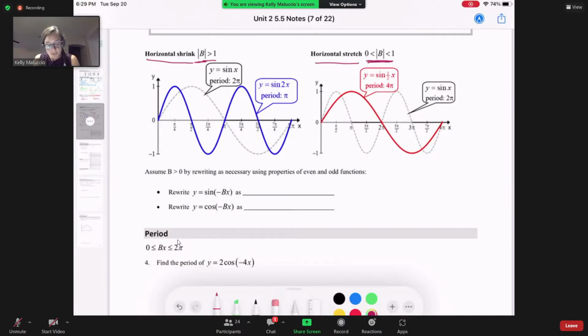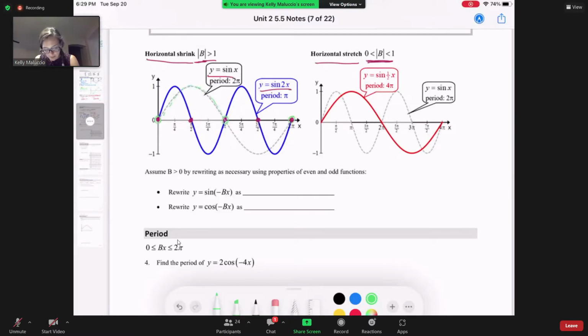But notice how something like this, we have sine x and sine 2x. For sine x, if we mark the zeros here, it's that gray dotted line, so it's kind of hard to see.